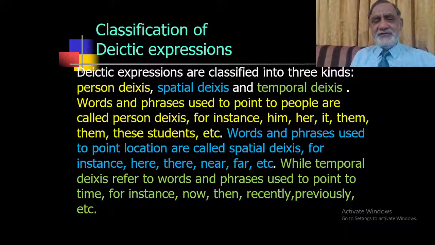Words and phrases used to point to location are called spatial, for instance, here, there, and far. And the third one is temporal, which points to the time, that is now, then, recently, previously.